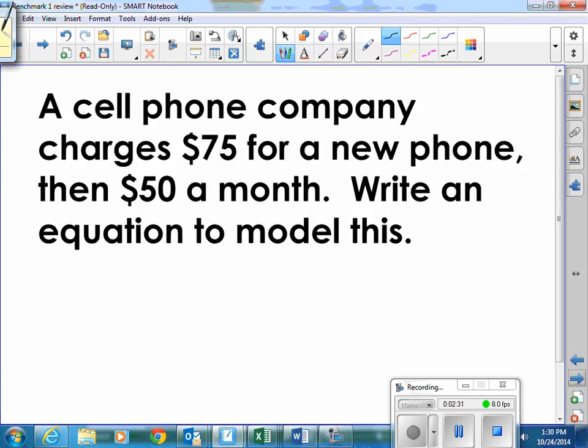Another situation we want to model: a cell phone company charges $75 for a new phone, then $50 a month after that. Write an equation. You can pause the video while you solve this on your own. Let's say the cost of the cell phone is $75 plus $50 per month times the number of months.